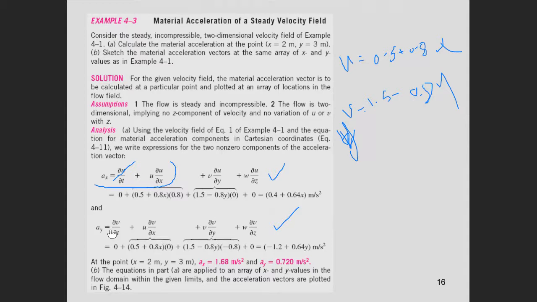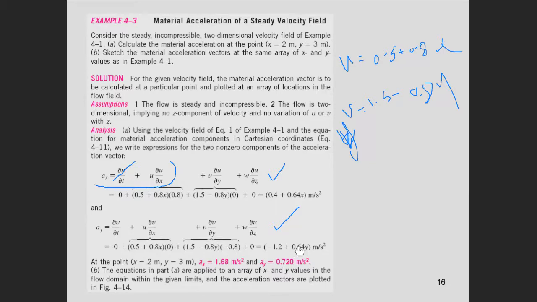So basically, AY, the acceleration along the Y component, is 0 plus V del V by del Y, with V equal to 1.5 minus 0.8Y. This is V multiplied by minus 0.8.